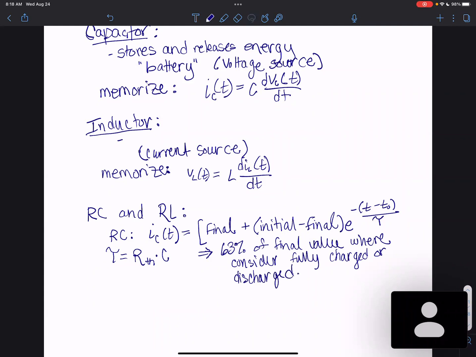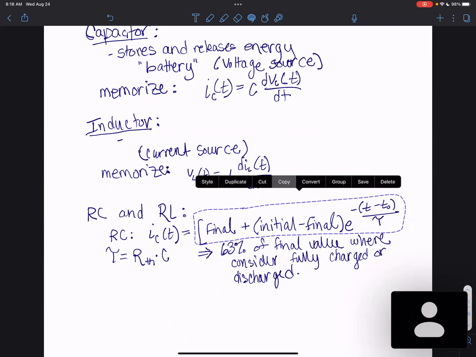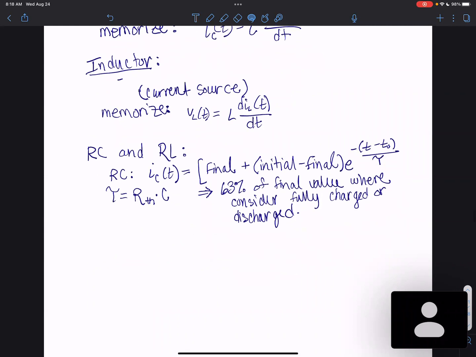Okay. And then for the RL, you're actually going to have the same equation.